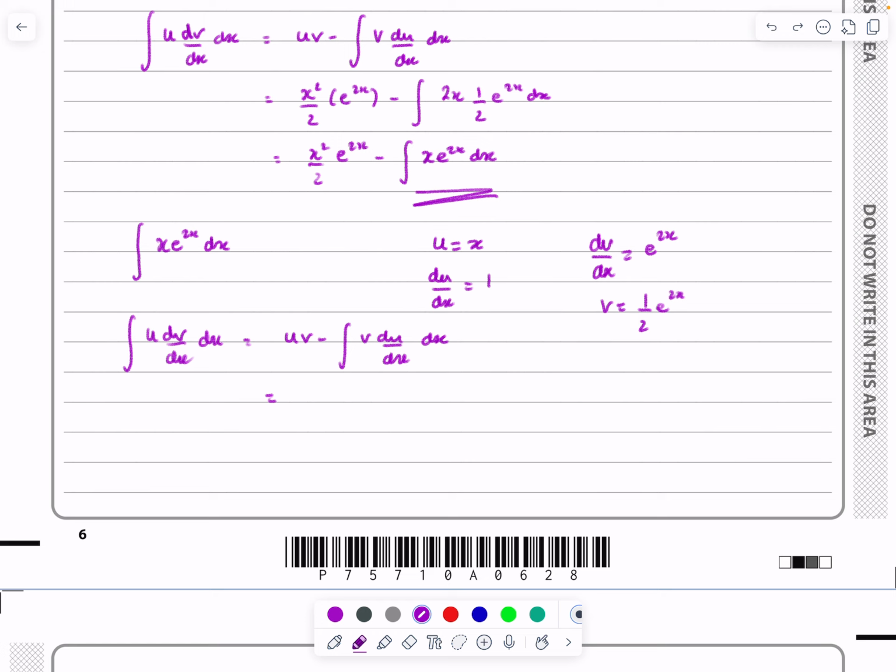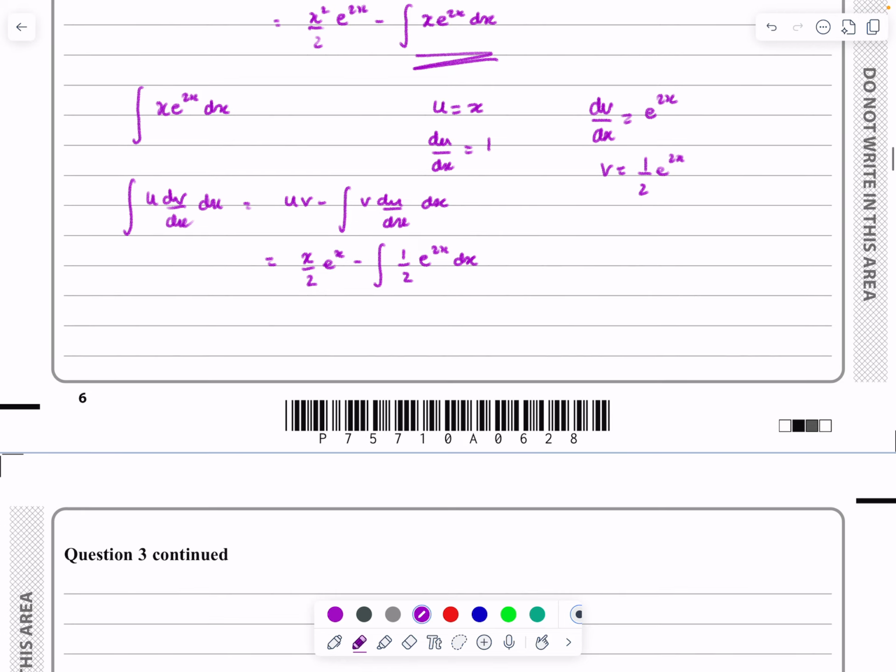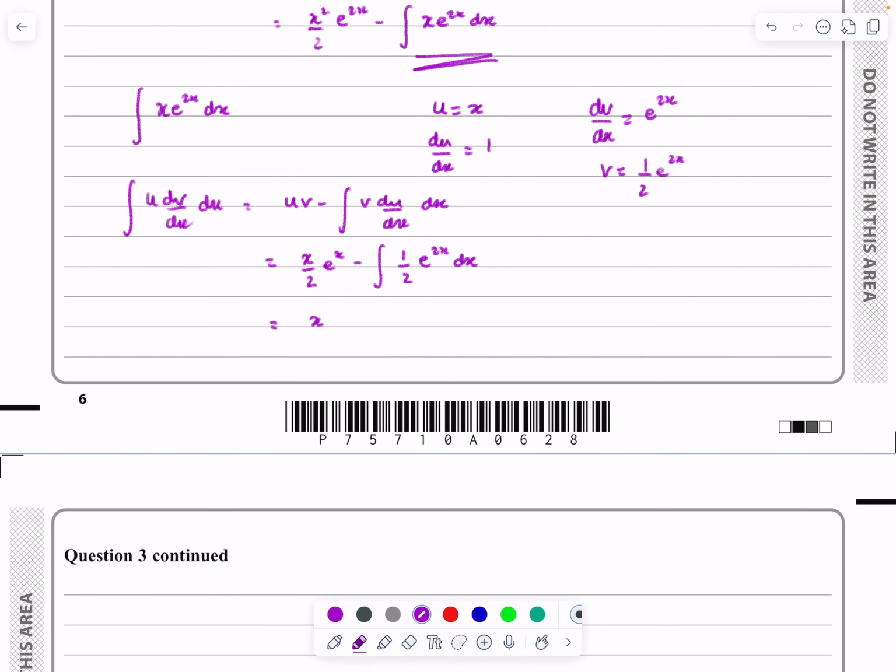So that's going to give me x over 2 e to the 2x minus the integral of, and now it's just a half e to the 2x dx. And I can actually tidy it up and finish that off then. So that's x over 2 e to the 2x minus a quarter e to the 2x.